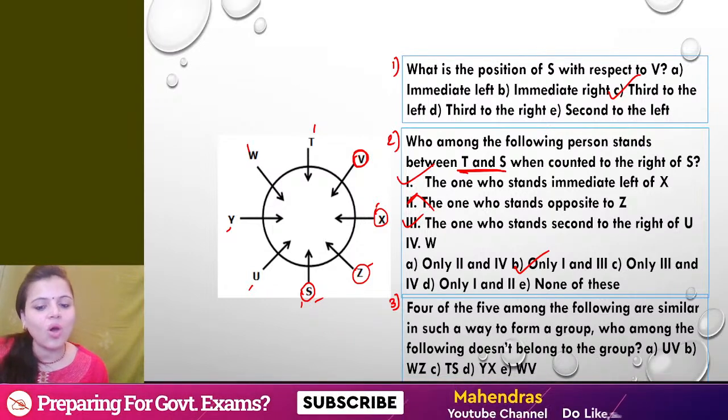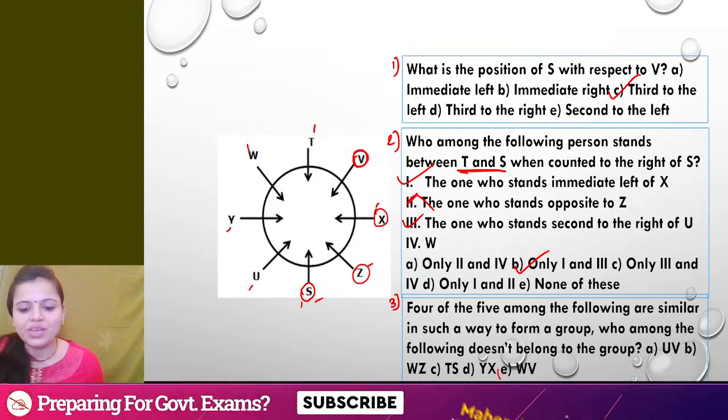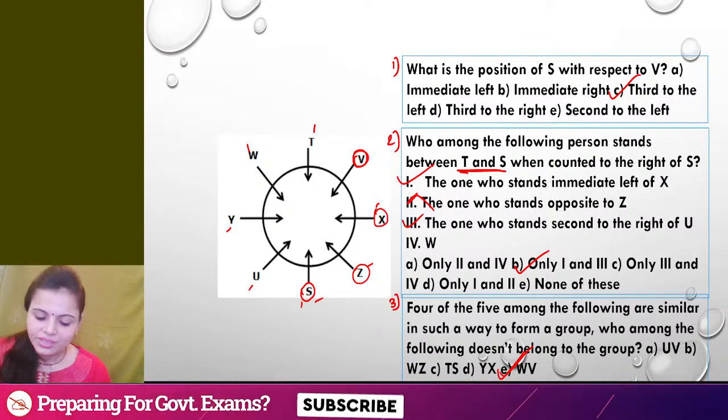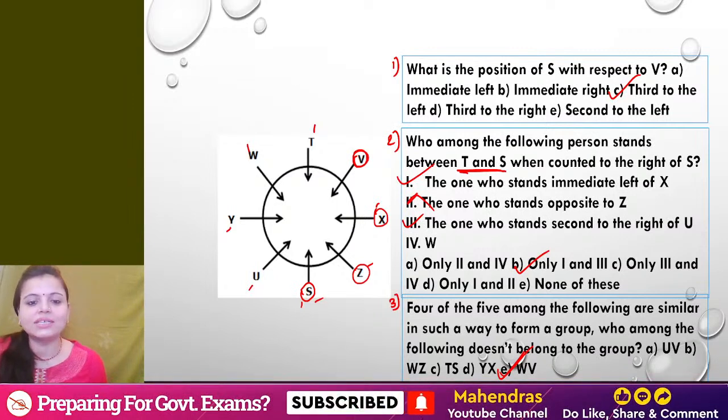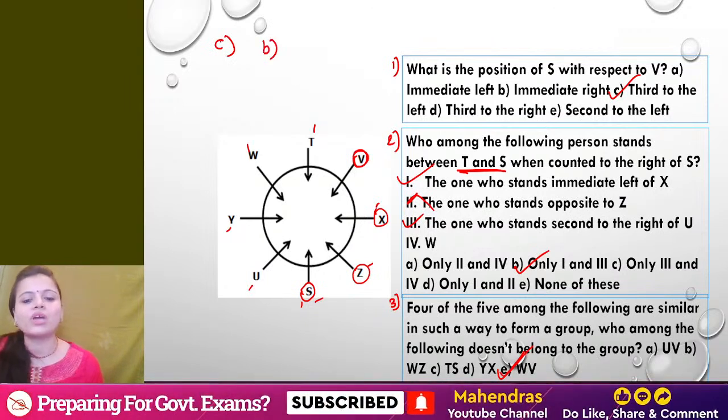YX, again opposite. WV, no, they're not opposite. So your answer will be option E because E is different. Yes, correct. Very good. So the answer for question 1 is C, for question 2 it's B, and for question 3 it's E.